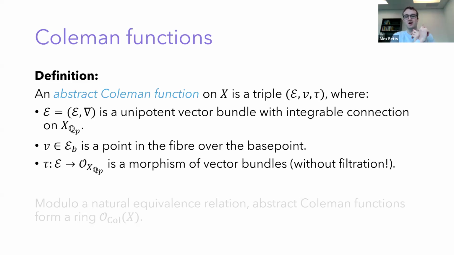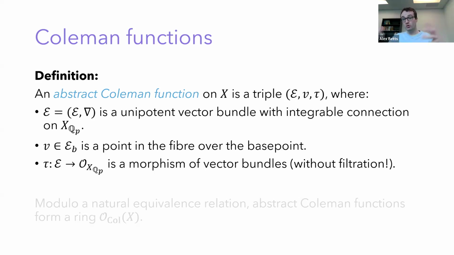First of all, a unipotent vector bundle with integrable connection on my curve. I'm also going to choose a point in the fiber of that vector bundle over the base point. And I'm also going to choose an O_X-linear map from my vector bundle to O_X, not requiring any compatibility with filtrations.